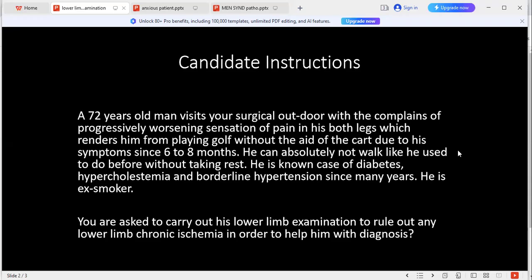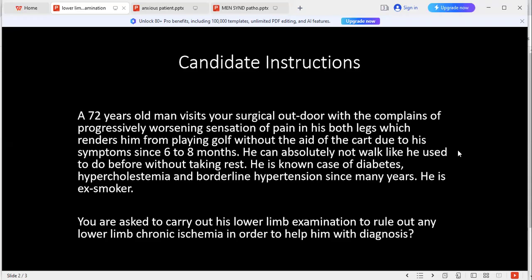Then I will compare each pulse with the opposite limb, the ischemic, affected limb. If I am not able to palpate the dorsalis pedis or posterior tibial, then I will ask for a handheld Doppler to see whether I am able to hear the pulse with the Doppler or not.